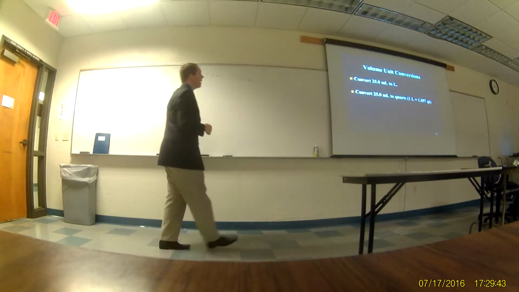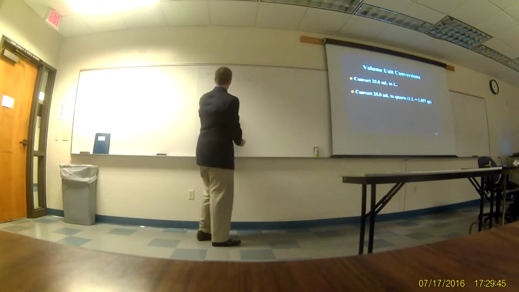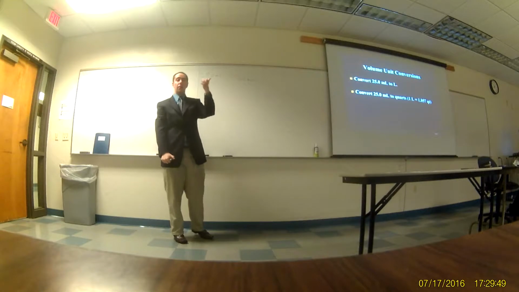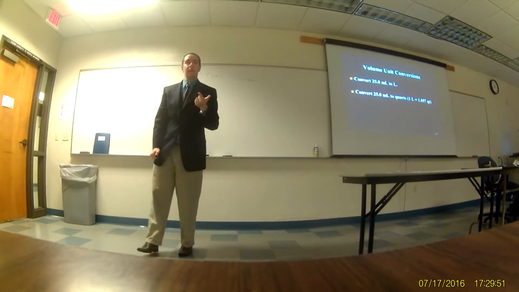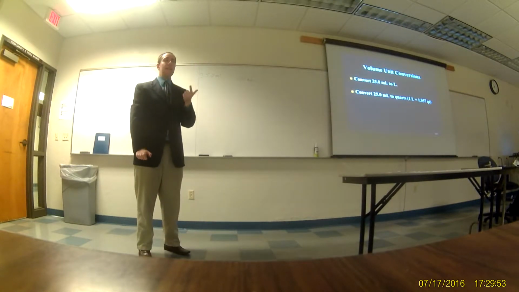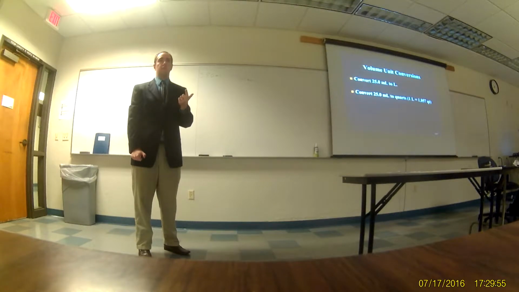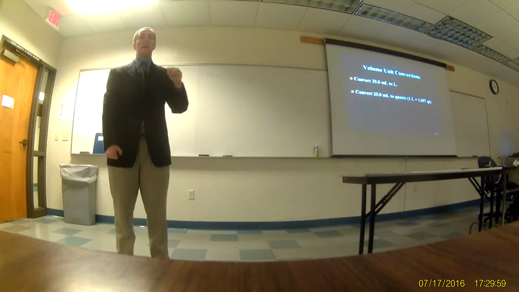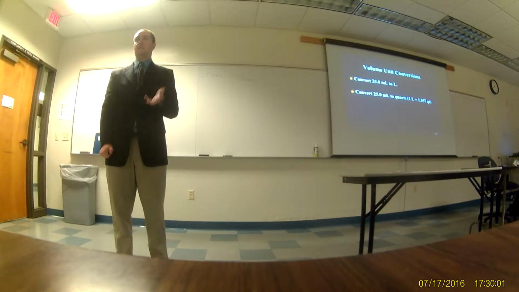And so, I'm starting with 25. I know I have to do something with 1,000. I either have to multiply or divide. But I know I need to make my number smaller. So in order to make it smaller, do I need to multiply or divide by 1,000? Divide.